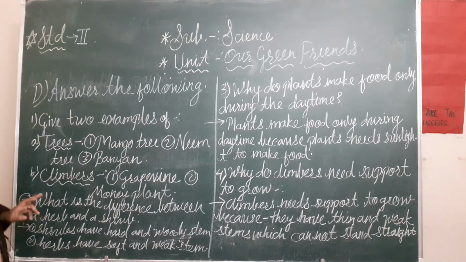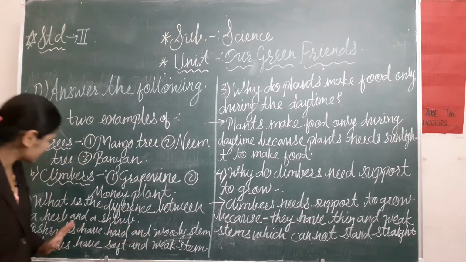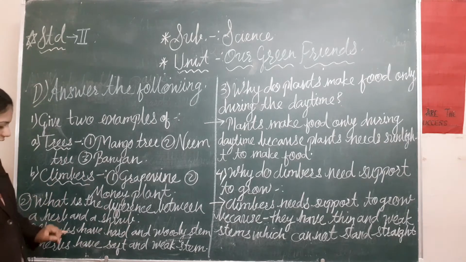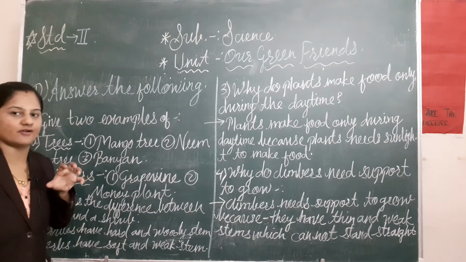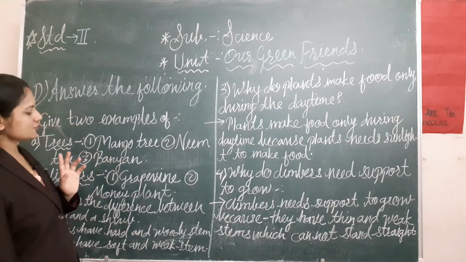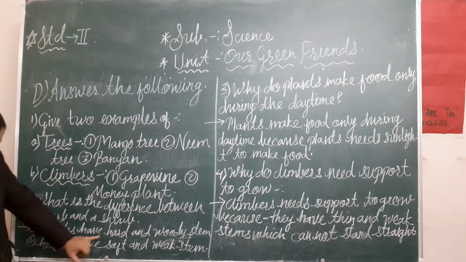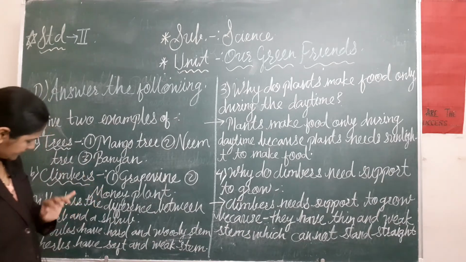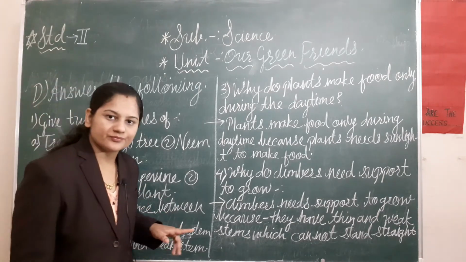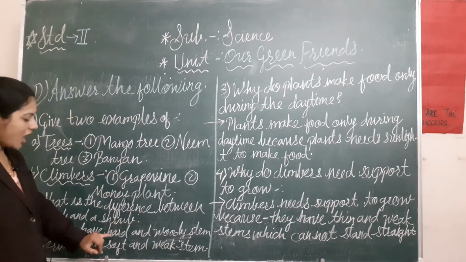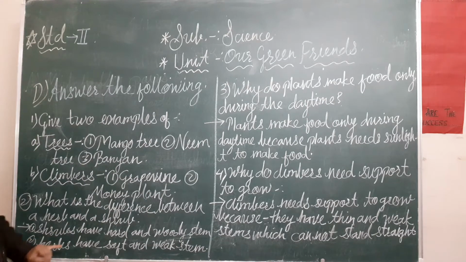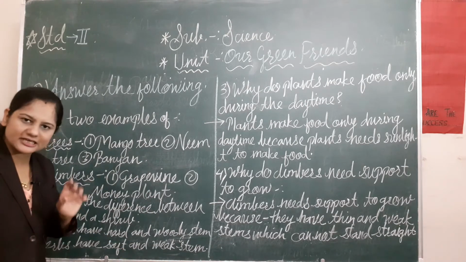Then second question is what is the difference between a herb and a shrub? We have to identify the difference between these 2 plants. So students, I identify this one difference between these 2 types: the shrubs have a hard and woody stem, while herbs have a soft and weak stem.